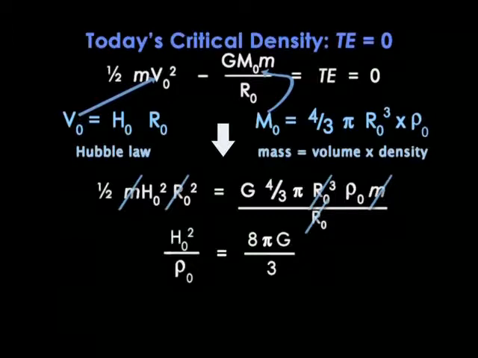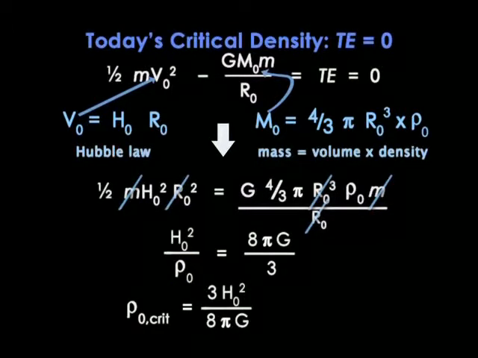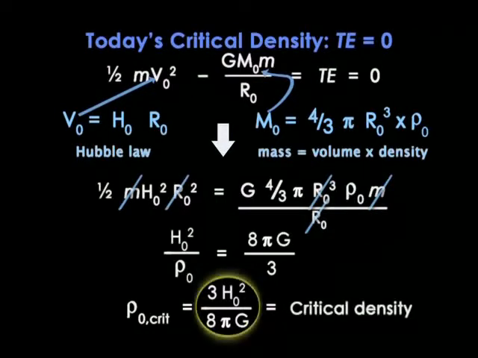One last manipulation. Let's just rearrange this as a condition for the density, ρ0 crit equals 3H0 squared over 8 pi G, where this is called the critical density. For a given Hubble constant, ρ0 crit specifies that density that is just able to halt the expansion.